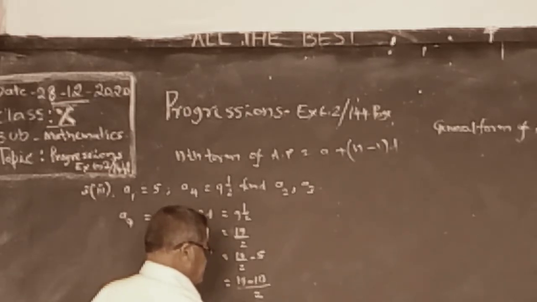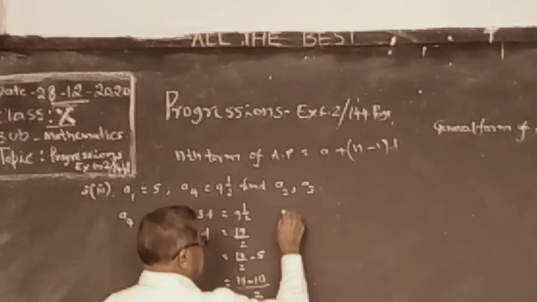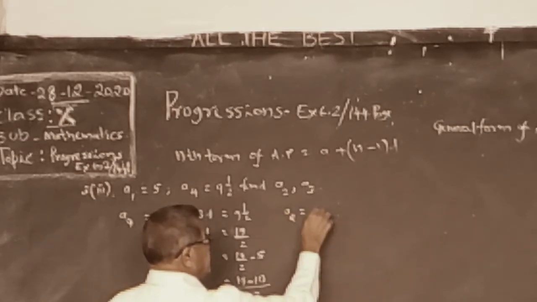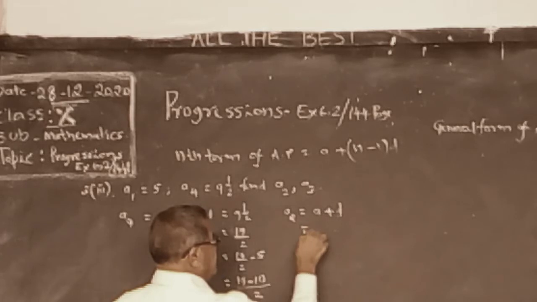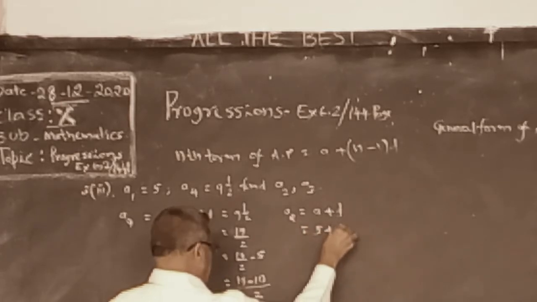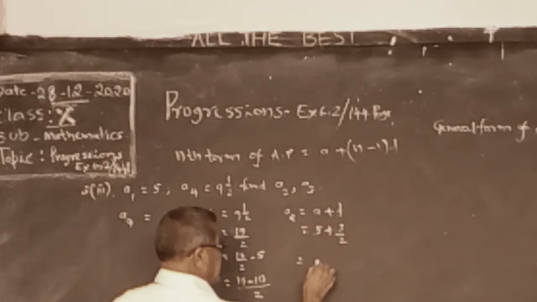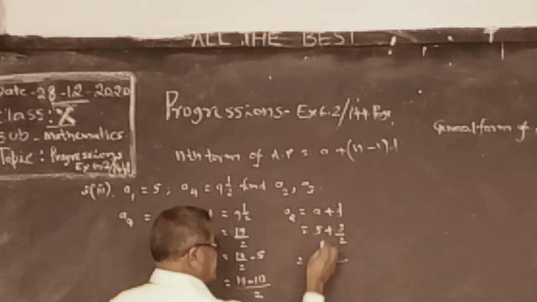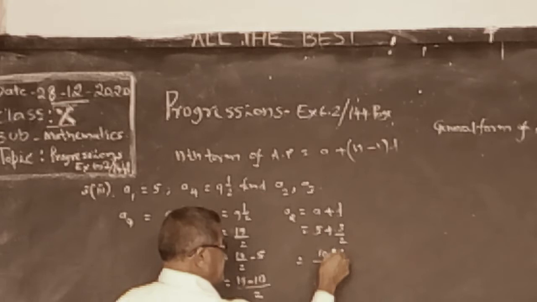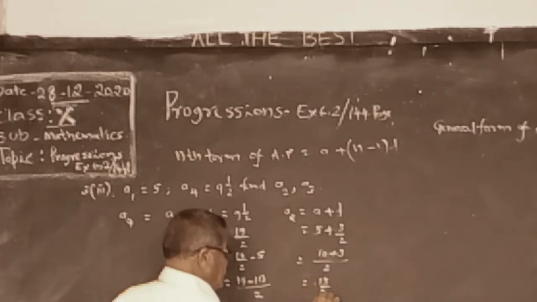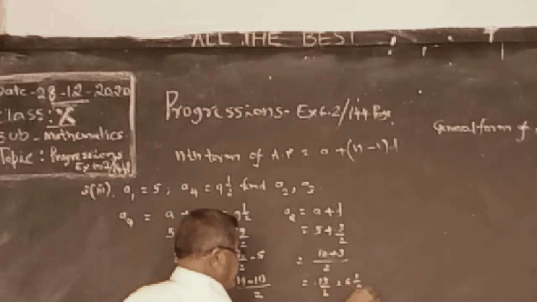So D is 3 by 2. He is asking A2, second term, A plus D, A value 5, D value 3 by 2, take LCM 2, 5 is 10, 10 plus 3, 13 by 2, or 6.5.